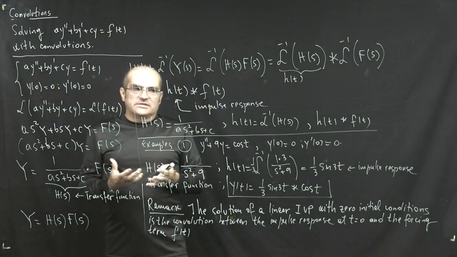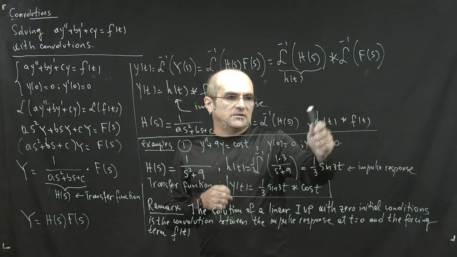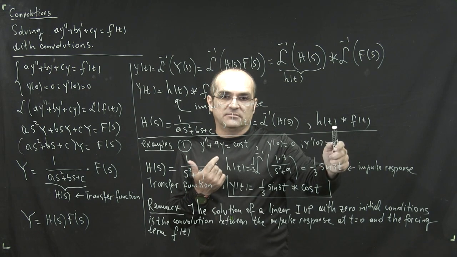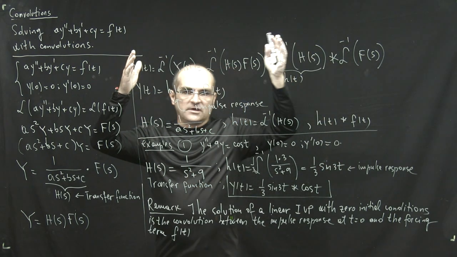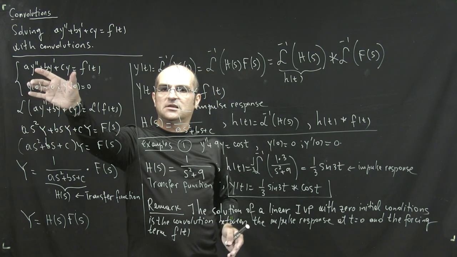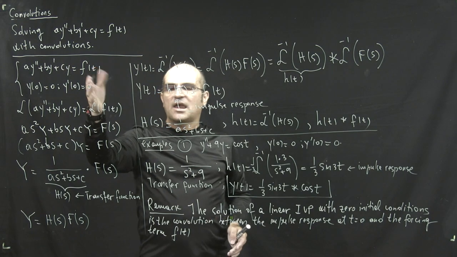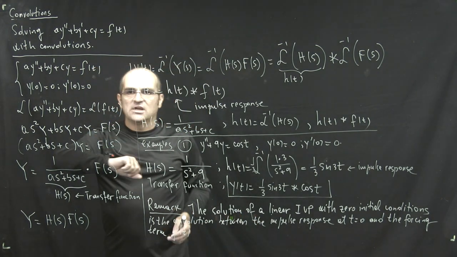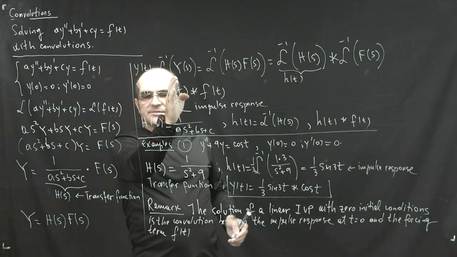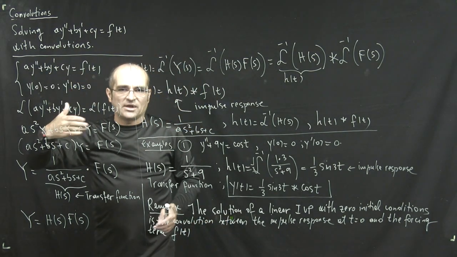Another cool part of it is that since the impulse response is the same, you could actually solve a multitude of differential equations with the same left side, by changing just f of t. So let's say, for example, I have a mass spring system, in which I apply various types of forces, but the left side is the same, same damping, same mass, same spring constant.